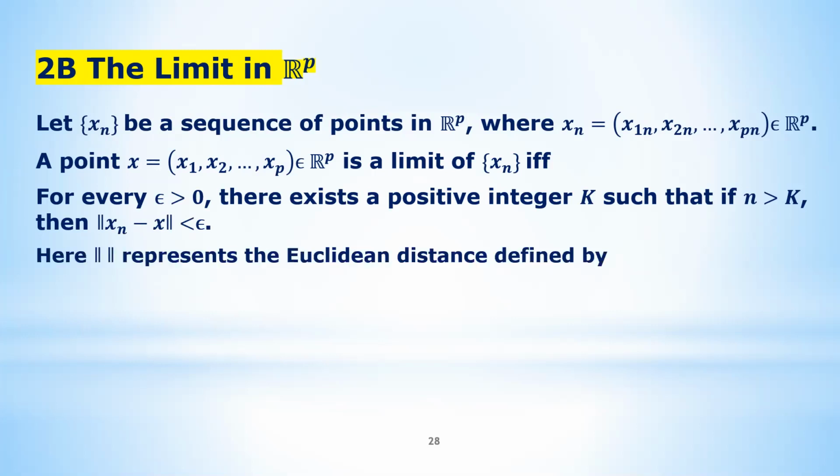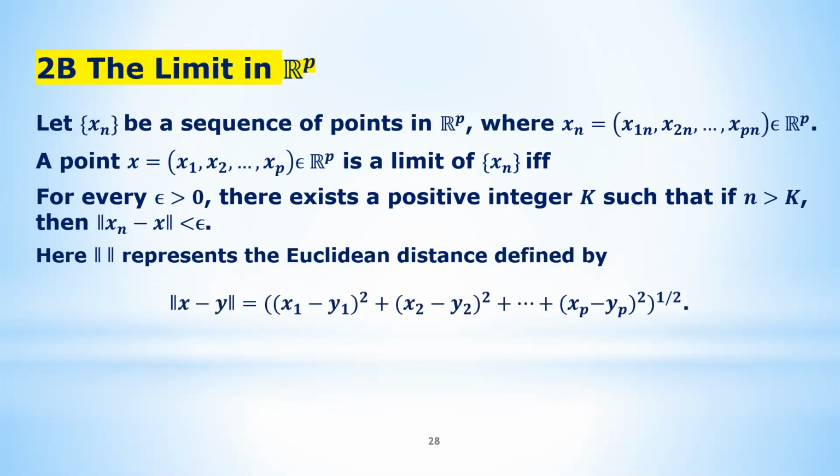This distance represents Euclidean distance, defined as the sum of squares of the differences between the components, then taking the square root. We're going to have more to say about Euclidean distance later. But using Euclidean distance, you can define the limit. If you do that, you can have the following theorem.